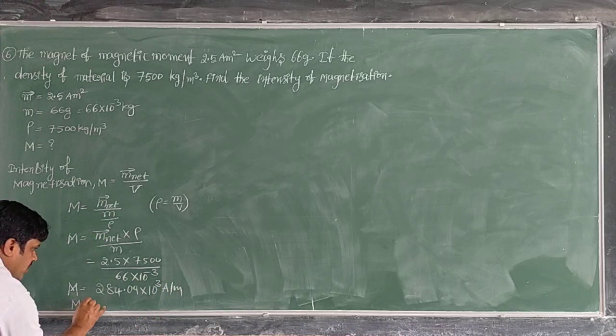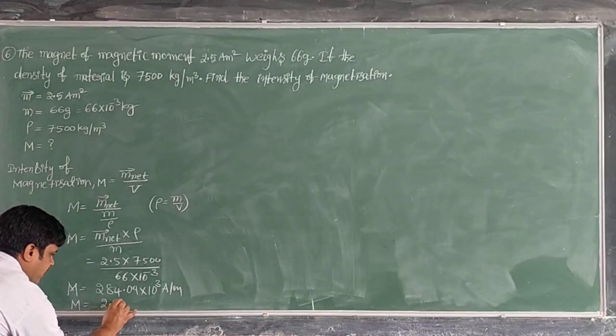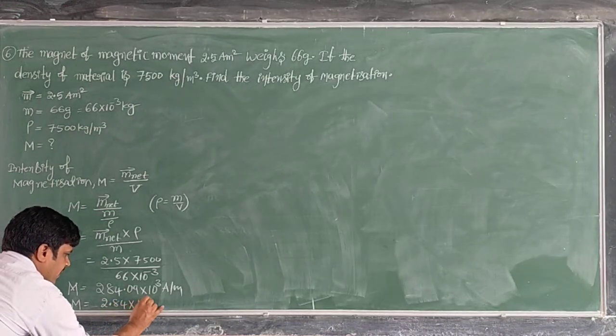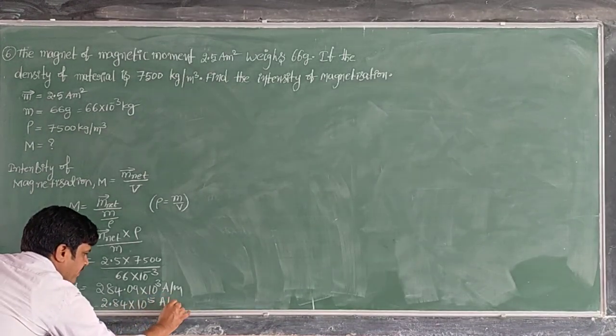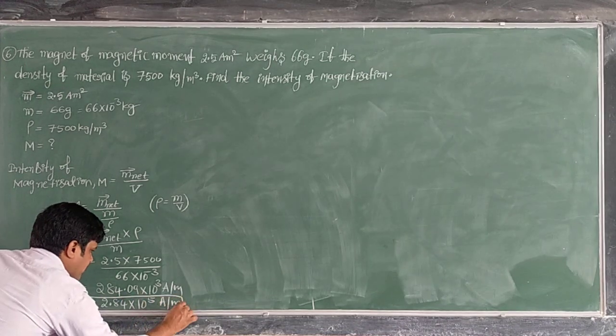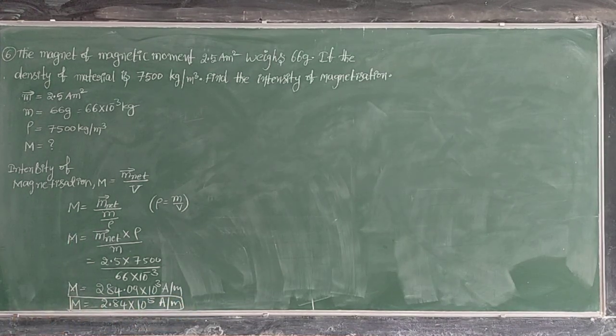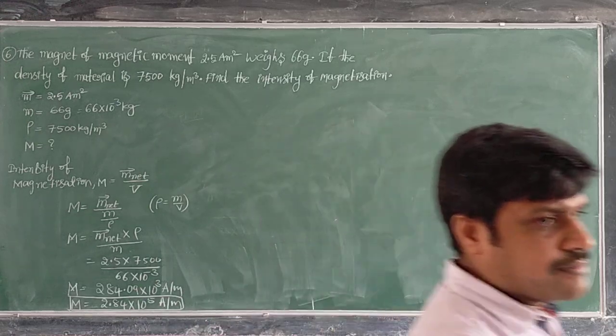Afterwards, we can write this as 2.84 into 10 power 5 ampere per meter. Now this is the answer for intensity of magnetization. Very simple problem.